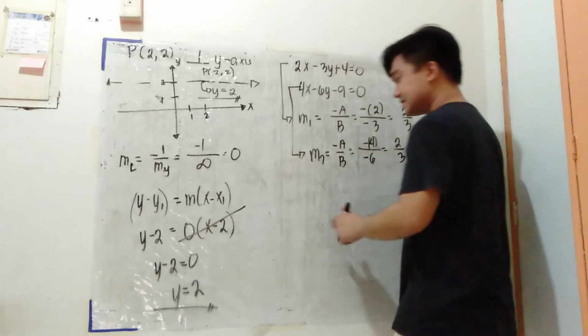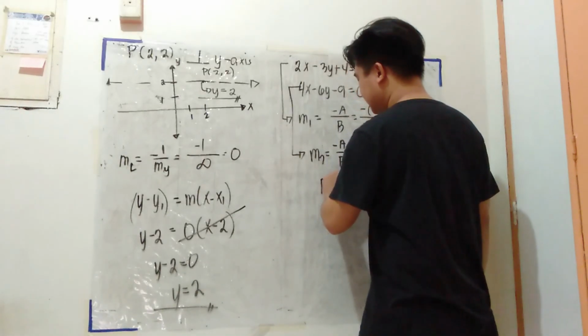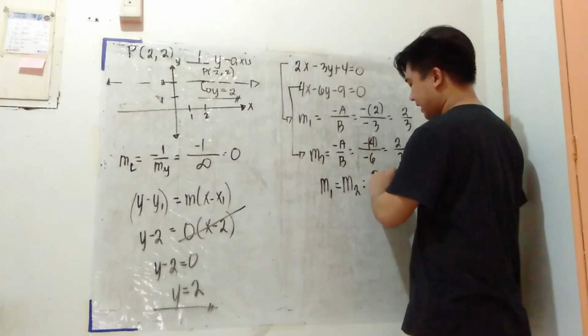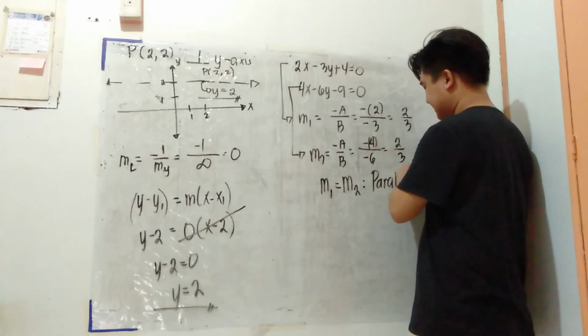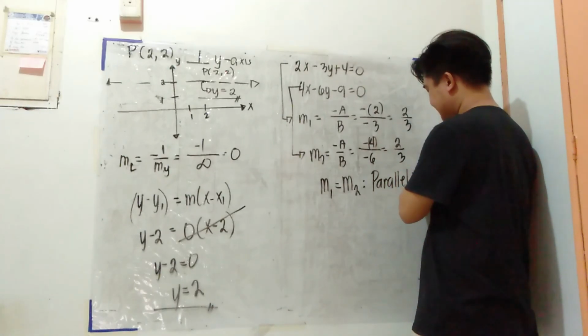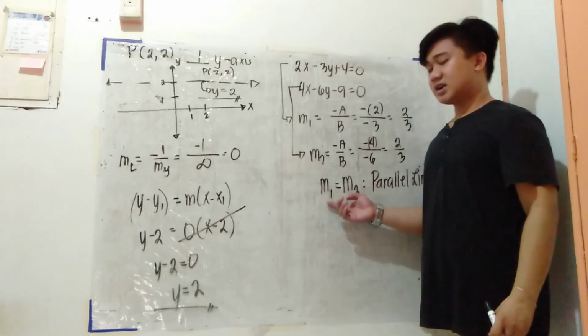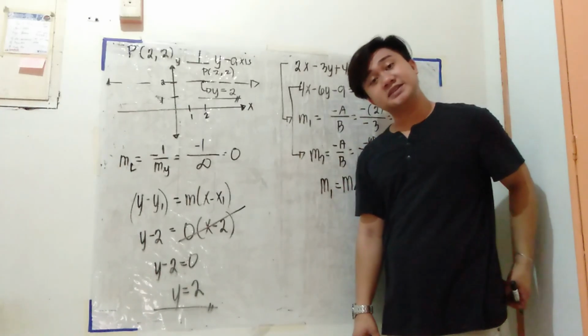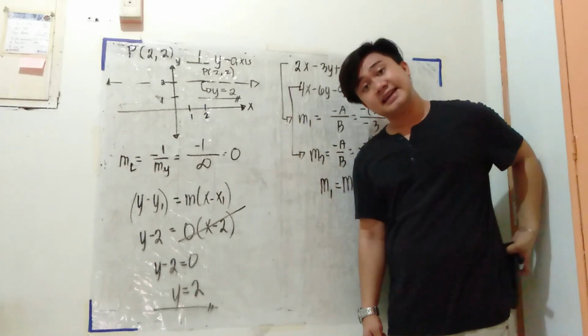And since m1 is equal to m2, I can say that these are parallel lines, because the slopes are equal. Again, I just used the principle about parallel lines.